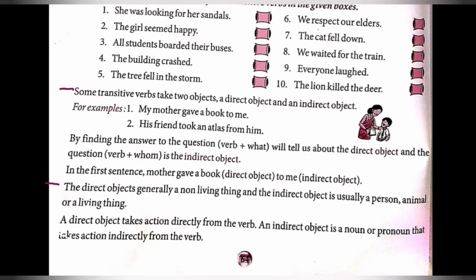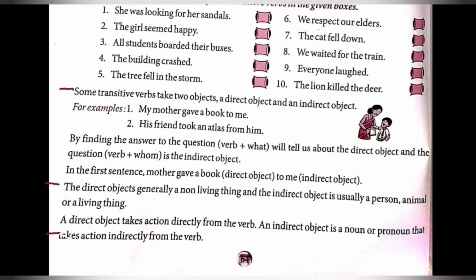A direct object takes action from the verb, and an indirect object is a noun or pronoun that takes action indirectly.